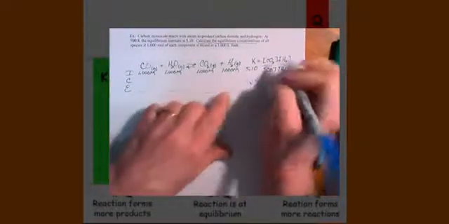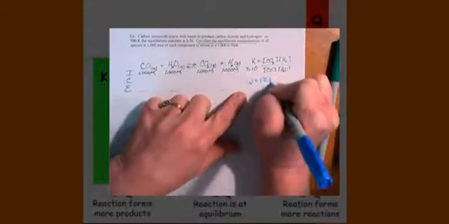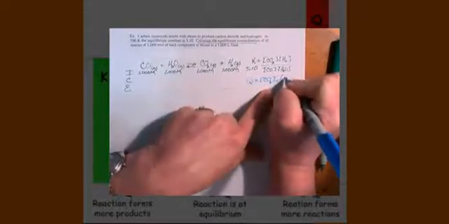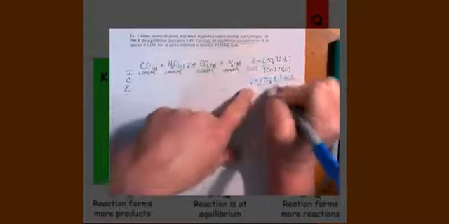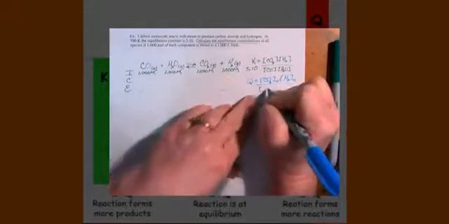So, same equation. I am going to denote that we're not at equilibrium because it's Q, but I'm calling these initials. That's what I'm plugging in.